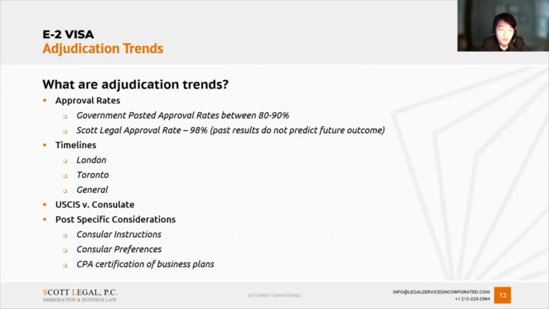You may want to invest more if you are planning to apply at those consulates. So definitely speak to a lawyer before you make the final decision. Other consulates may also expect that your business already have employees at the time of application. So definitely also reach out to us regarding that. And CPA certification, I already went over that in the previous bullet.